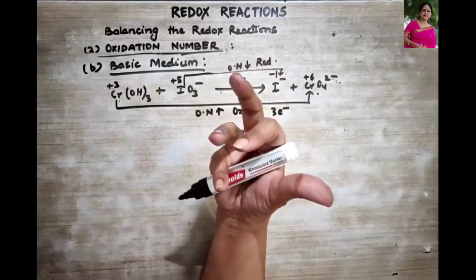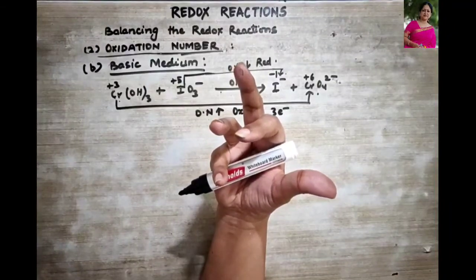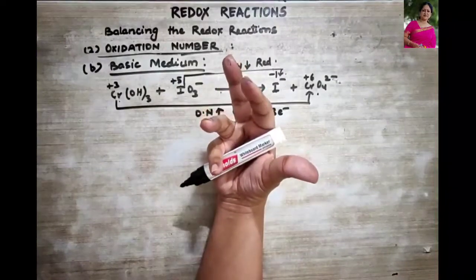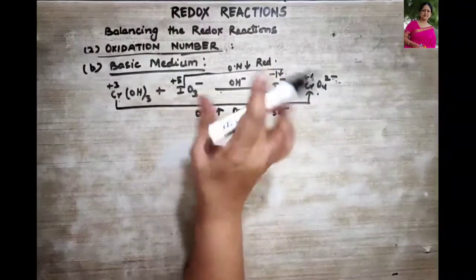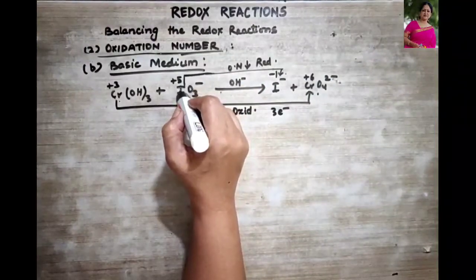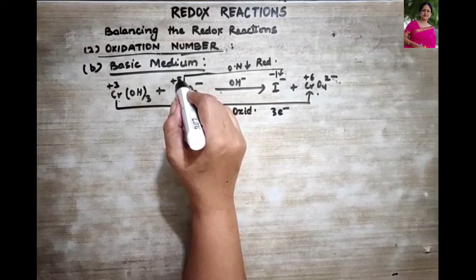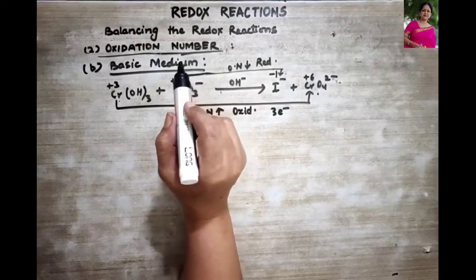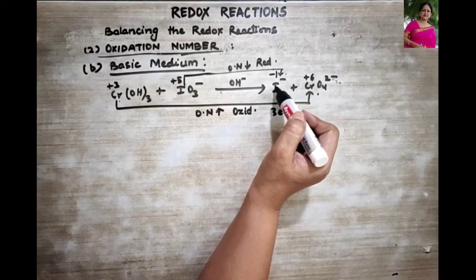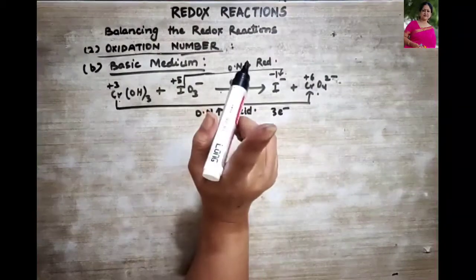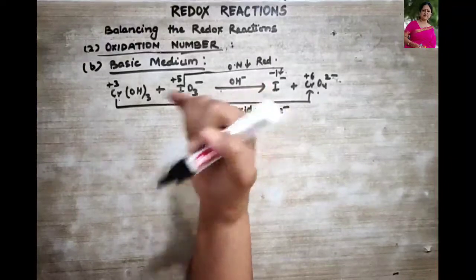Plus 1 will accept one more electron to become 0. And 0 is going to accept one electron to become minus 1. So how many electrons has this iodine with oxidation number plus 5 accepted to convert into minus 1 oxidation number? 6.